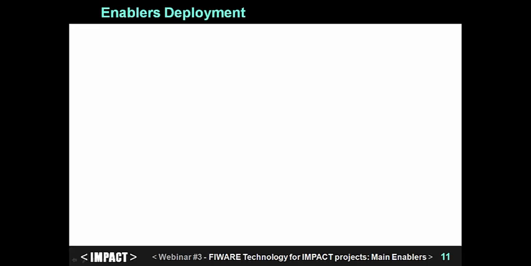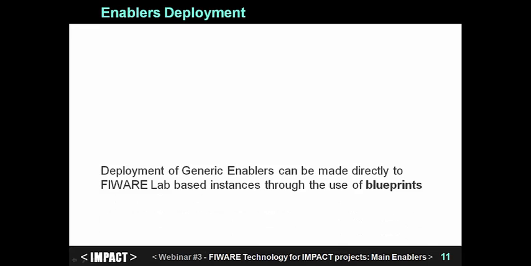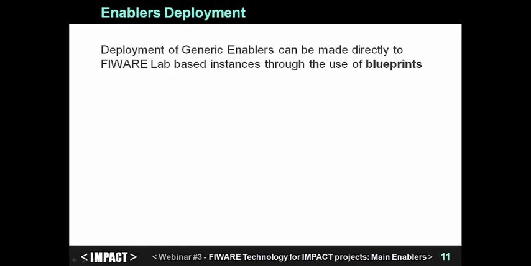So you have pretty much two options when you need to deploy your enablers, the generic enablers that are part of your architecture. First option is, of course, to deploy them in FIWARE Lab, in the instances that you can create in FIWARE Lab, and you use blueprints to do so.